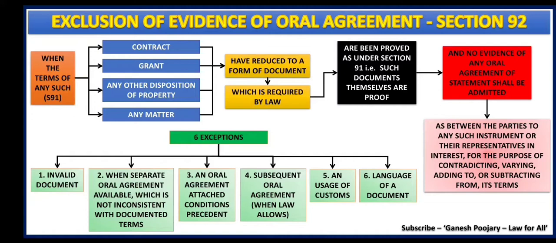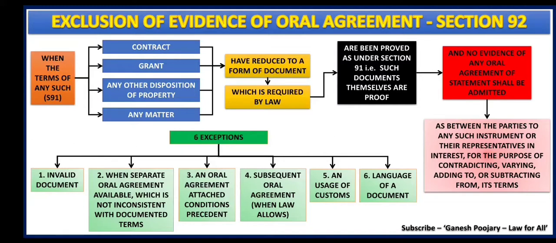The court cannot take any oral agreement between the parties to any such instrument or their representatives in interest for the purpose of contradicting, varying, adding to or subtracting from its terms. That's all section 92 says.